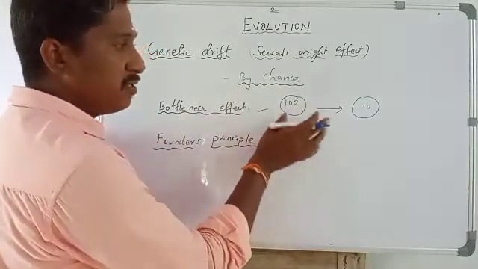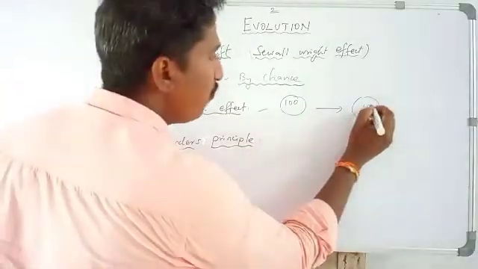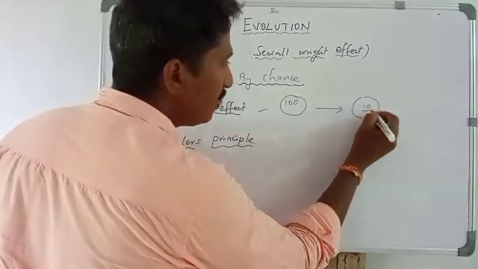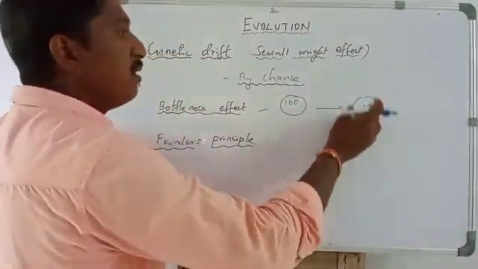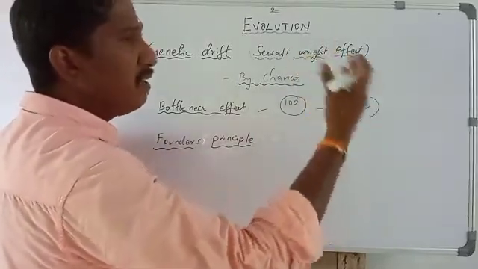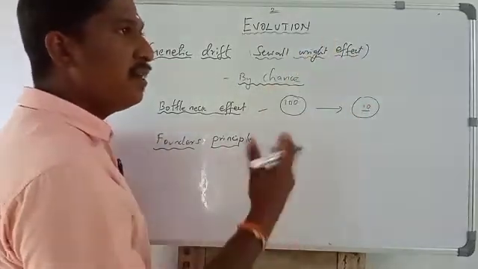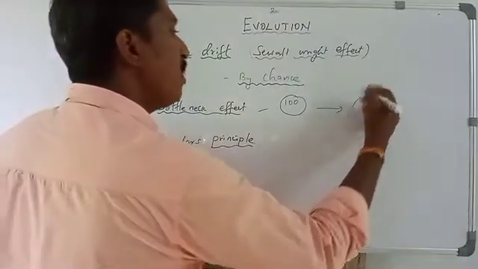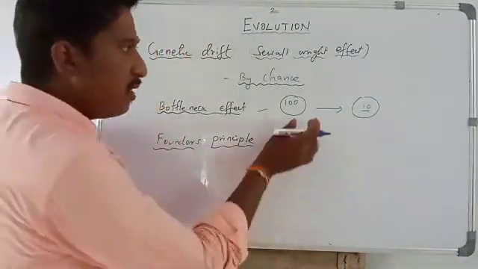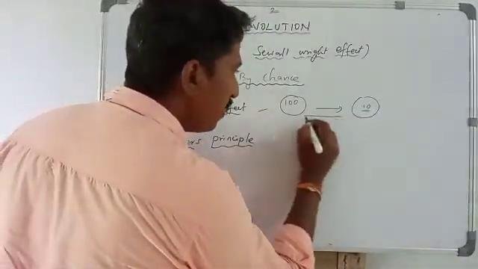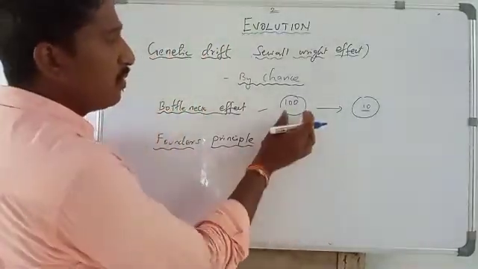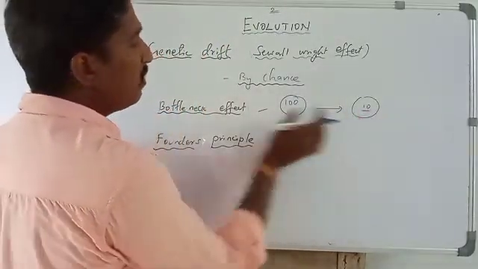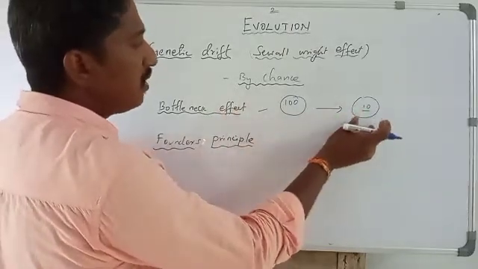Only these 10 can reproduce, and they produce individuals and develop into 100 again. So the change of alleles from the first population to this population is due to genetic drift.